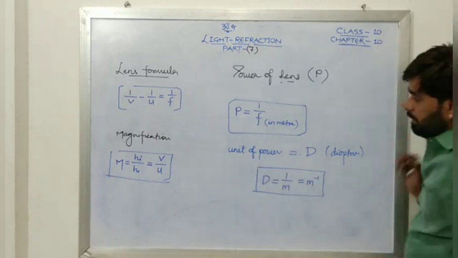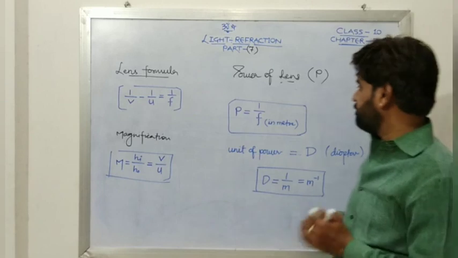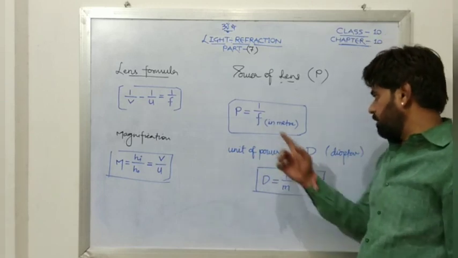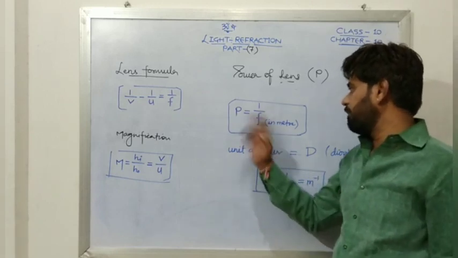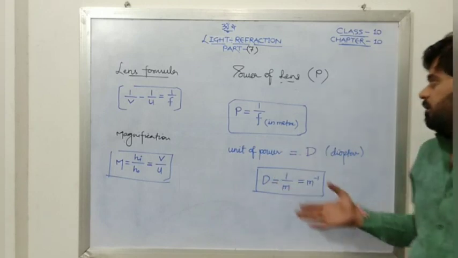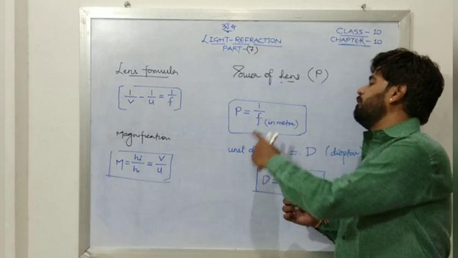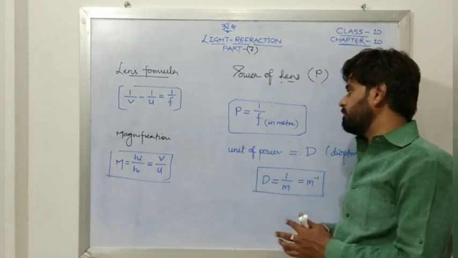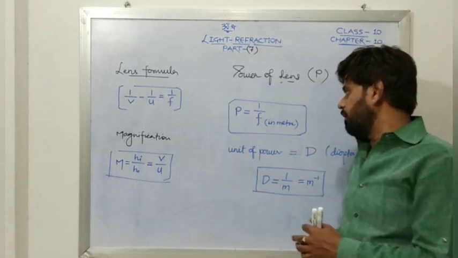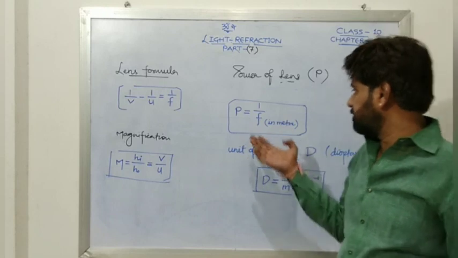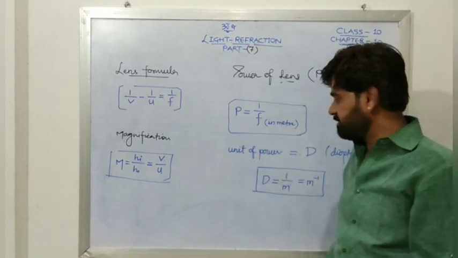Now from here we may conclude that according to the focal length the power will be there. Suppose we have students who use spectacles, so they have negative power. Why negative power? Because up to that age we used to have defects which we are going to see in our next chapter.